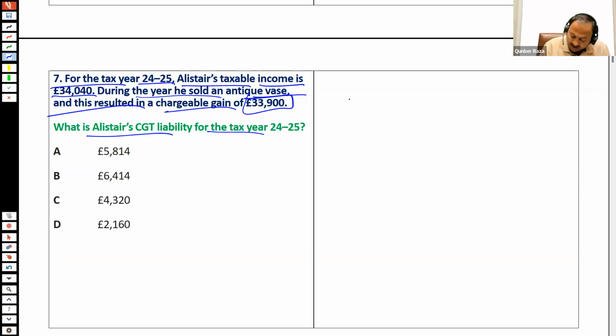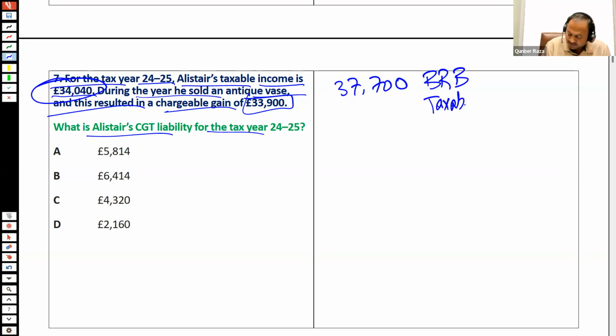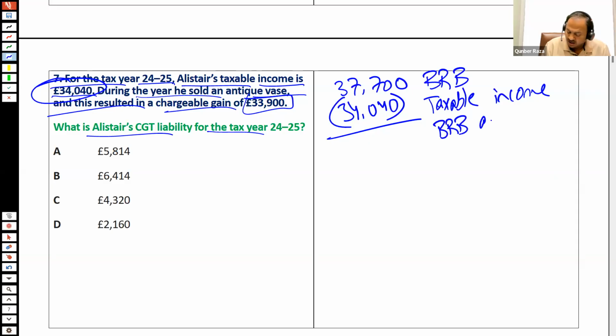So the chargeable gain is 33,900. Taxable income is 34,040. The basic rate band of 37,700 is covered by taxable income of 34,040. As a result, the basic rate band available is 37,700 minus 34,040.